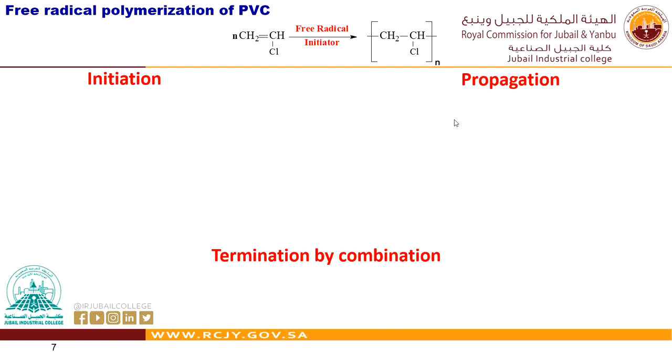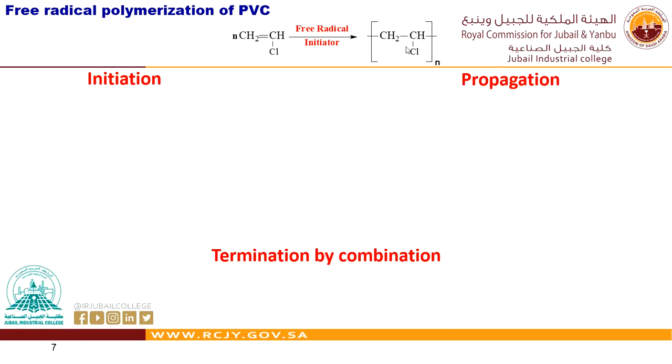Now let's look at a typical example of polymerization of polyvinyl chloride. Polyvinyl chloride is one of the polymers that is produced in Petrochemia, in which vinyl chloride monomer is converted into a polymer called polyvinyl chloride.